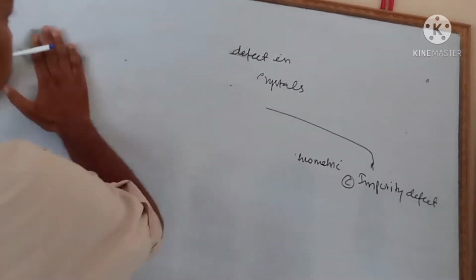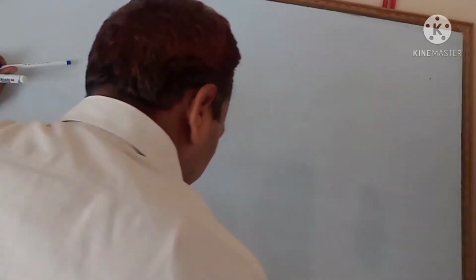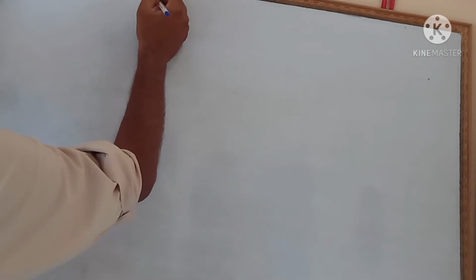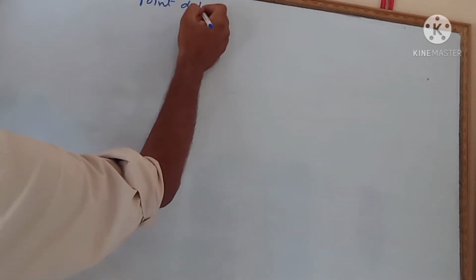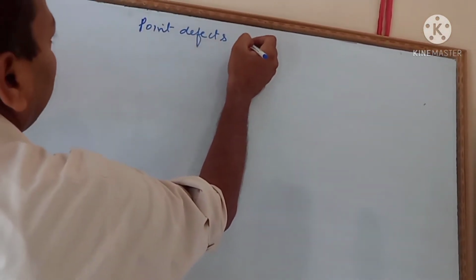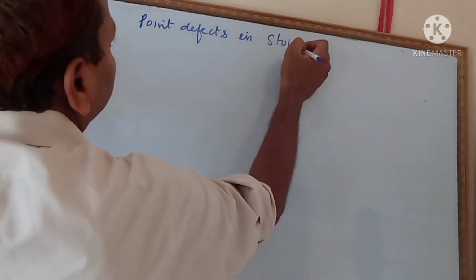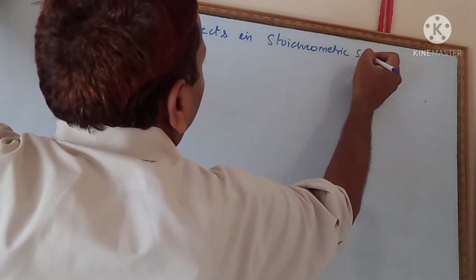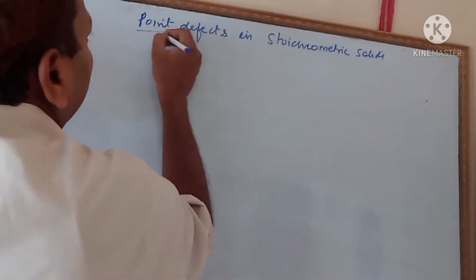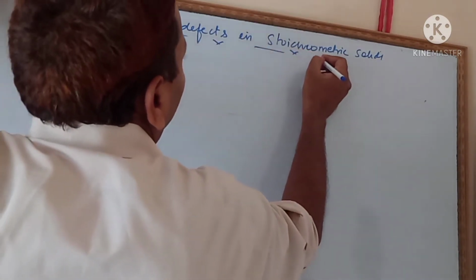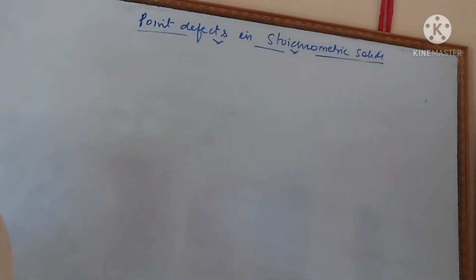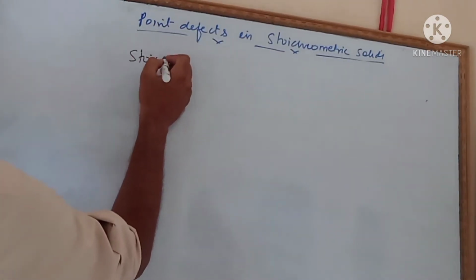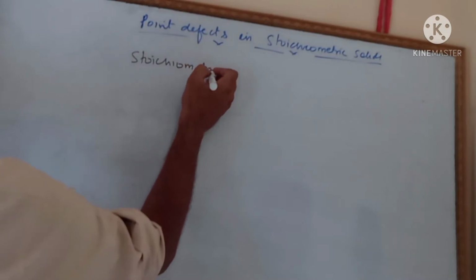What is Schottky defect? First, the topic is point defects in stoichiometric solids, where 2 types of defect are seen: Frenkel and Schottky. So first we will understand what is a stoichiometric defect.